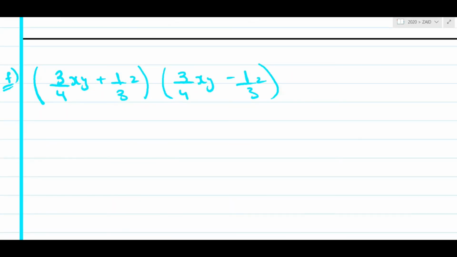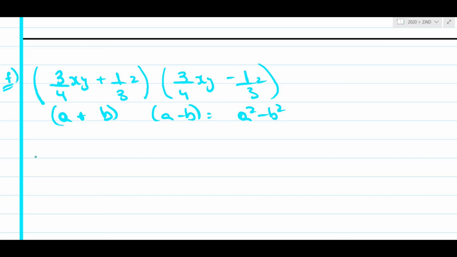Moving on, now the question that we have over here is (3 upon 4xy + 1 upon 3z)(3 upon 4xy - 1 upon 3z). Now, in order to solve this question, you could either multiply both the terms with each other, or you could use the identity. The identity being (a + b)(a - b) is equal to a square minus b square.